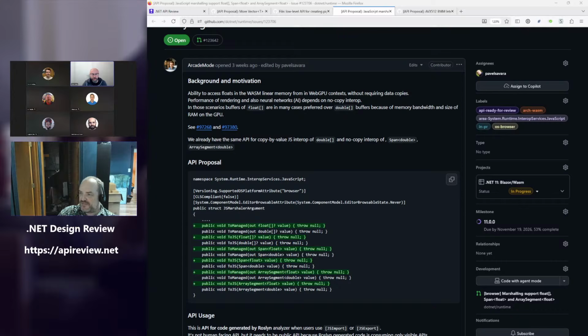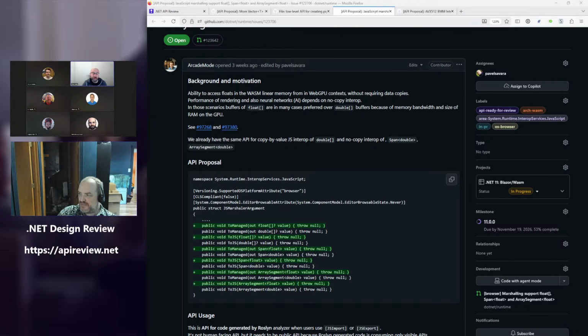So here we are. The usefulness of this scenario is when you're talking to your GPU, you are transferring large buffers of floats from your address space of the WebAssembly into buffers on the GPU. And to do that without too many copies is beneficial for the performance.